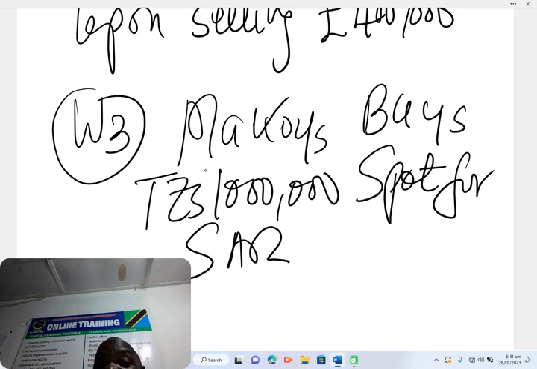So he's buying 1 million Tanzanian shillings, and they say spot. Now against what? South African rand. You see, the first question and this one might look the same, but the other currency has been observed. I can use the same transaction and say that this is 3 months forward. You see?